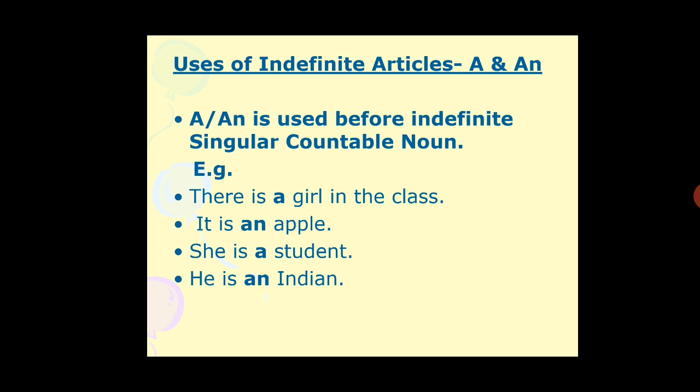That means noun should be singular as well as countable, that can be counted. So you can see in the example, there is a girl in the class, it is an apple, she is a student, he is an Indian. So here you can see all the nouns, girl, apple, student, Indian, they are all singular countable, and that's why we are putting here either a or an.